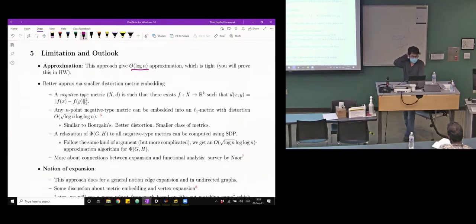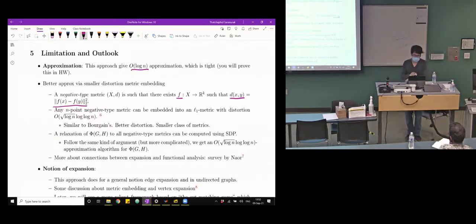But there is a better approach actually. There is another type of metric called negative type metric. It's a metric such that there is an f where you can write the distance function as the L2 norm squared. That's when you call it a negative type metric.